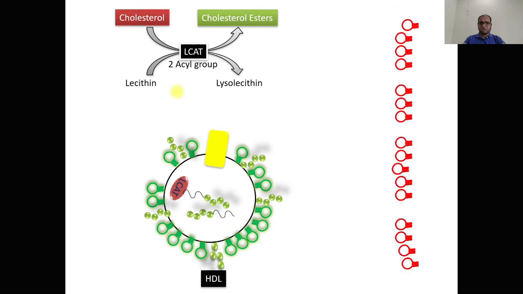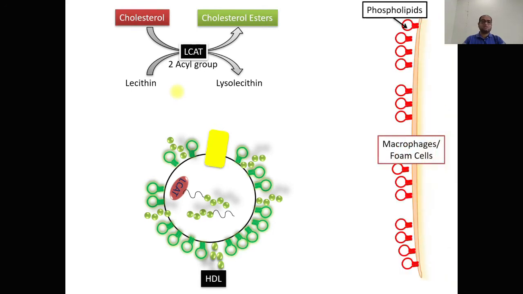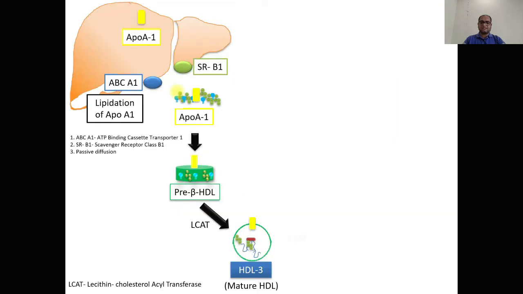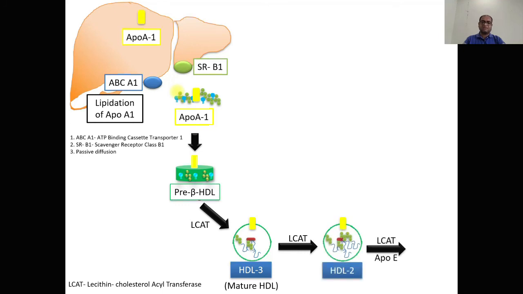Now where does this cholesterol come from? It comes from various parts, the macrophages as well as foam cells, or from the adipocytes. So this is continuously constituting the HDL. Now this HDL again goes further into metabolism and gets converted into HDL2, and once ApoE binds with it, it gets converted into HDL1.